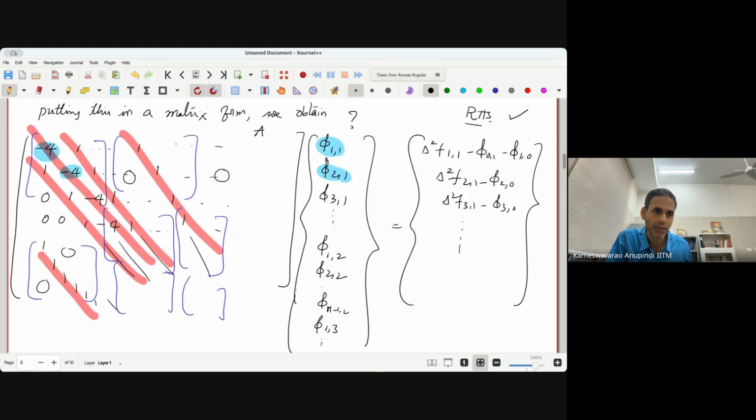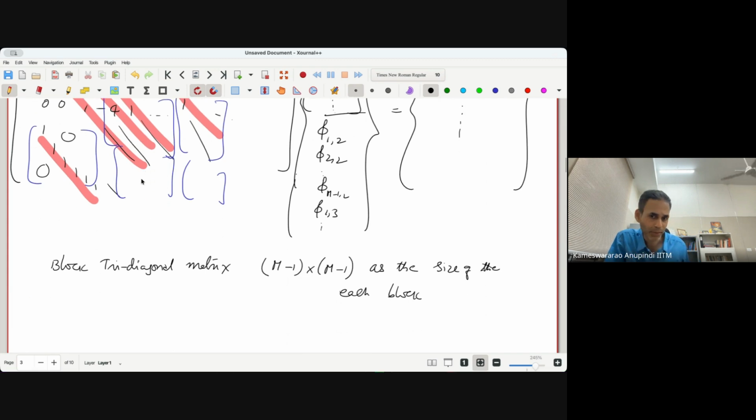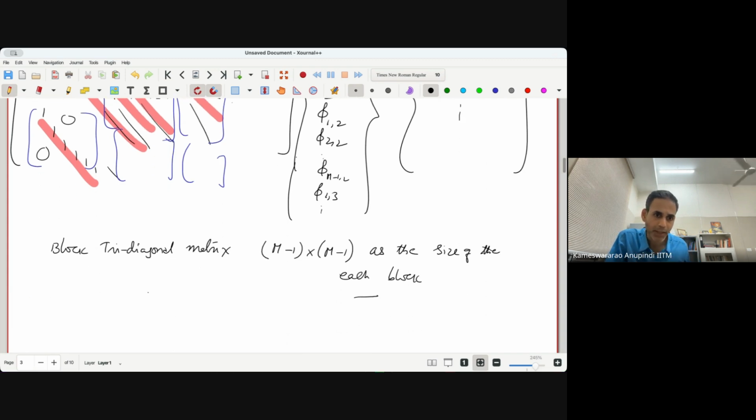I have only shown 3, but this is actually going to be m-1 by m-1, because you have to include all the points along i as one vector. That is going to be one block. And so on. So that will be m-1 by m-1 as the size of each block. And then there are n-1 such blocks along the diagonal.